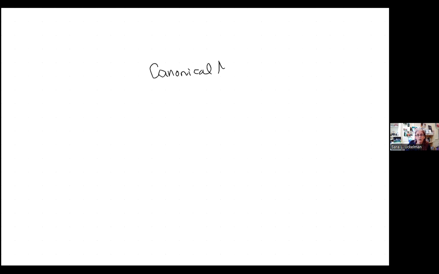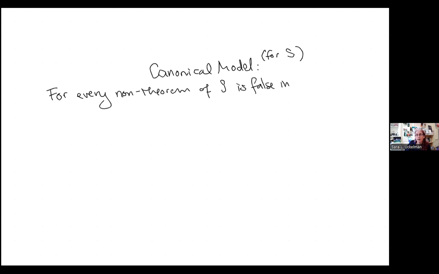model is going to be one where, for the canonical model for system S, every non-theorem of S is false in at least one world in the model. This means we need to define what the model is.